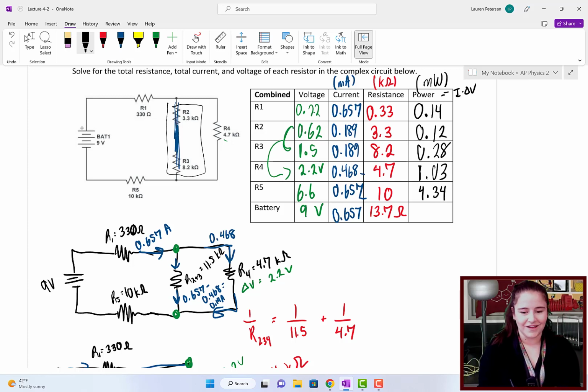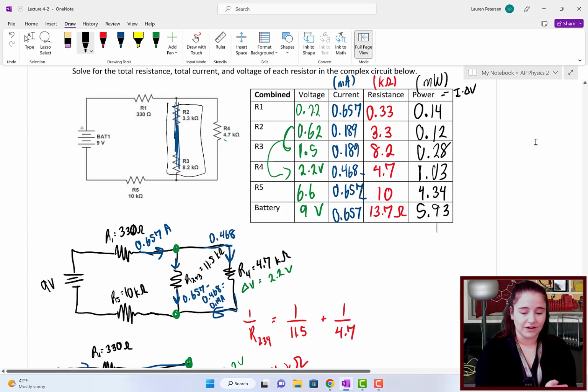Yep. So we got all those numbers, and we can add them all up to get our total power rating of our circuit of about 5.9 milliwatts, almost 6.